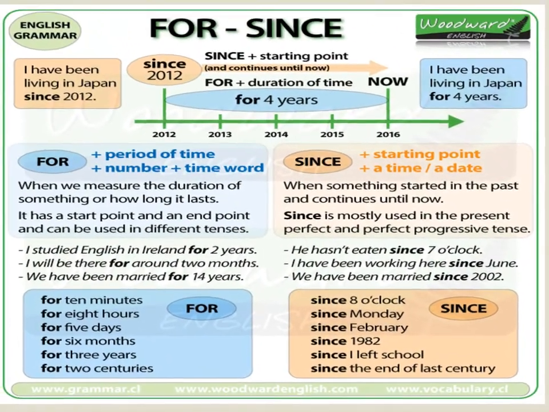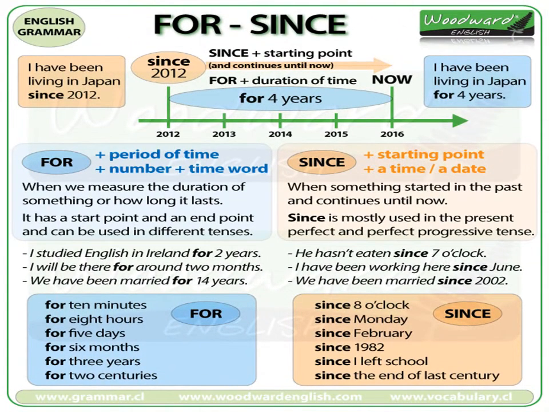Now the question arises where to use for and where to use since in a sentence in present perfect continuous tense. Remember, my dear students, we use since when the exact starting time of the action is mentioned. Like, for example, I have been living in Japan since 2012.